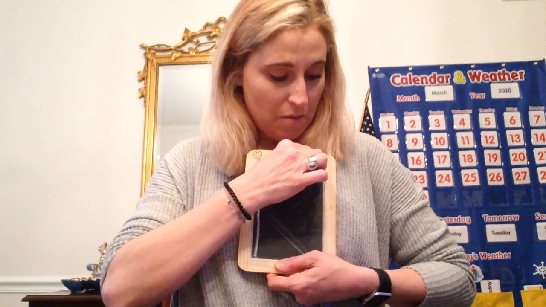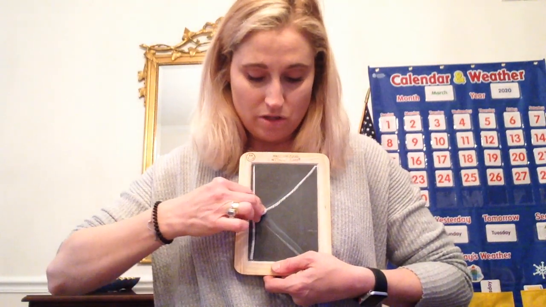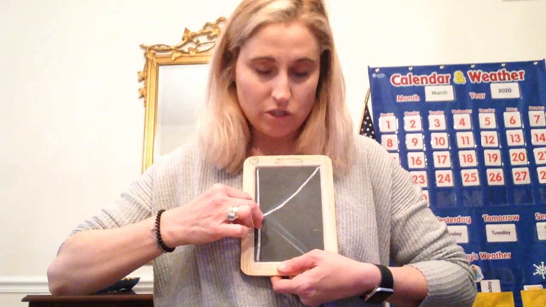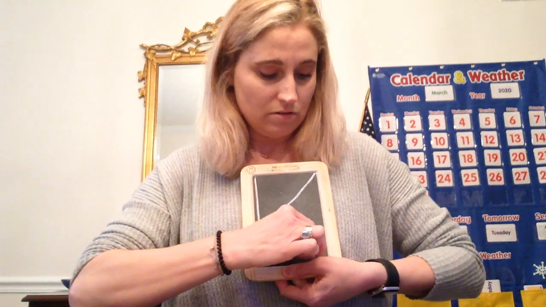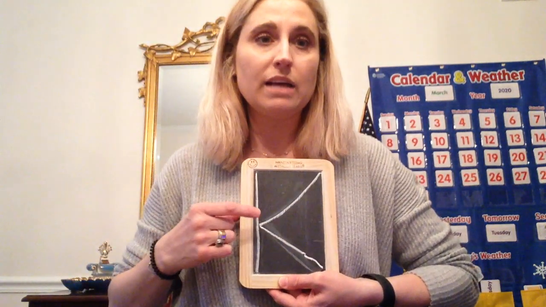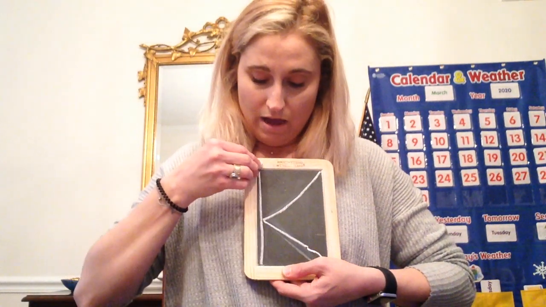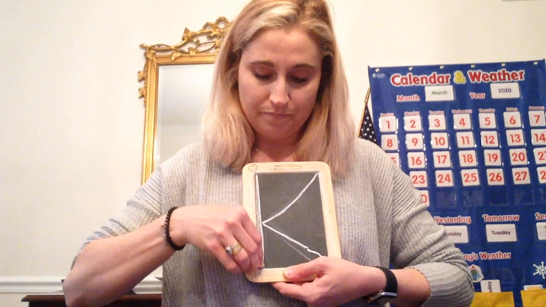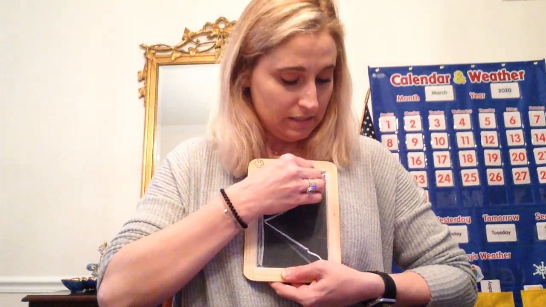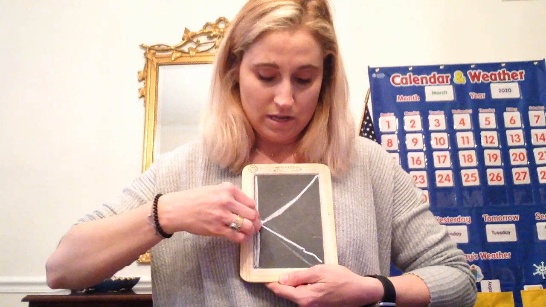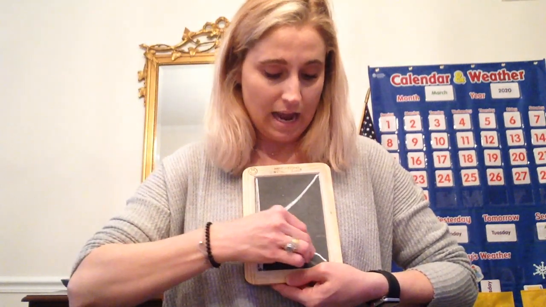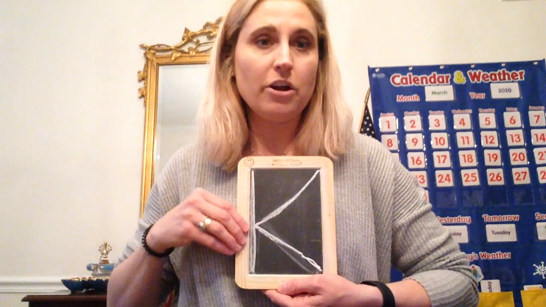Frog jump to the opposite corner, and I'm going to slide down to the middle, and then I'm going to kick it out. And just remember, when you get to the middle, don't pick up. So we have straight down, frog jump to the opposite corner, slide down to the middle, and then kick it out to the bottom. And there you have it.